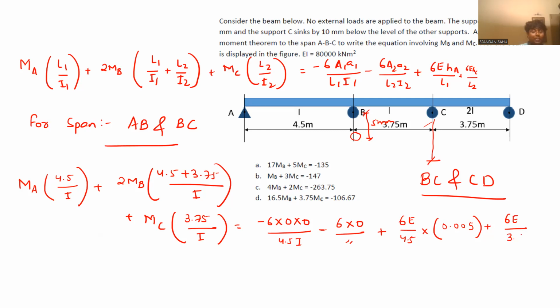What is L2? You tell me first. L2 is 3.75. Then tell me HC. 0.01. 0.015.